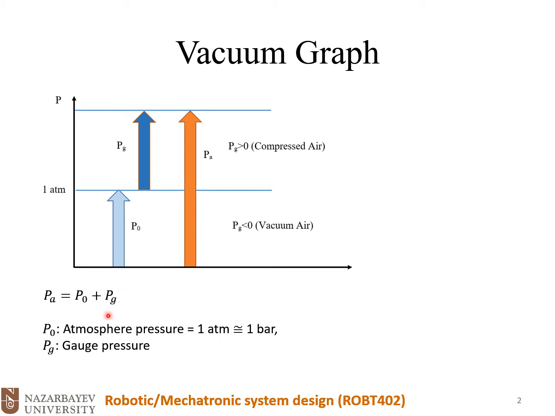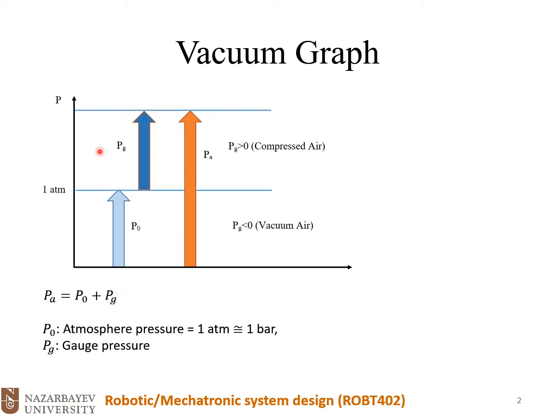Why do we call it gauge pressure? Because many gauges show relative pressure to the pressure of atmosphere. So at the beginning, the PG is 0, and once the pressure increases, the PG will increase.